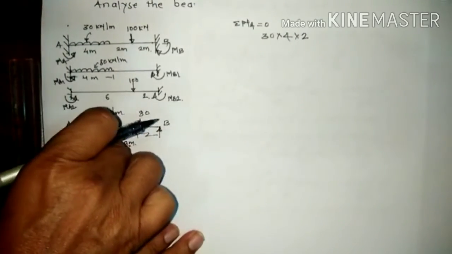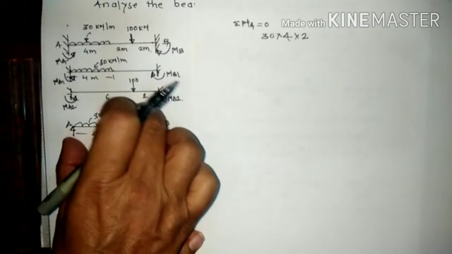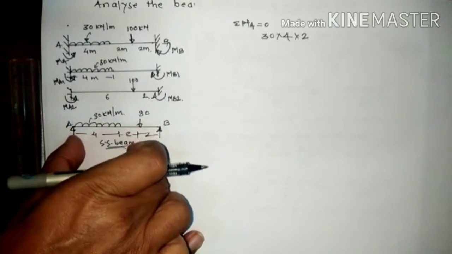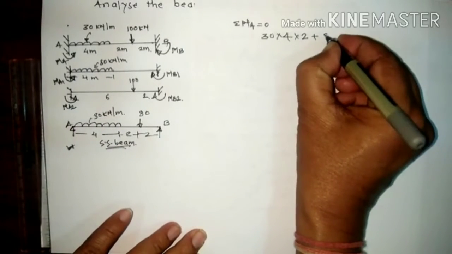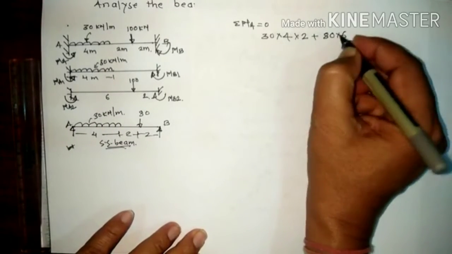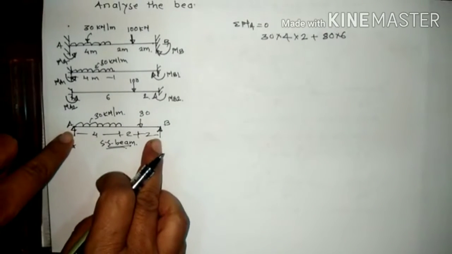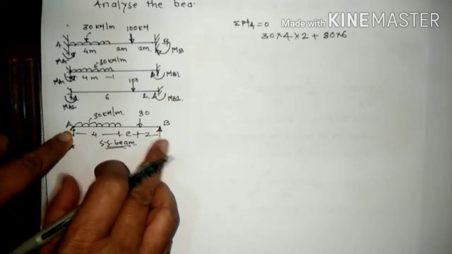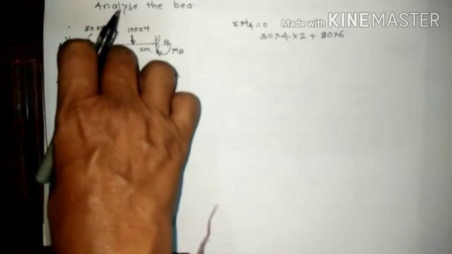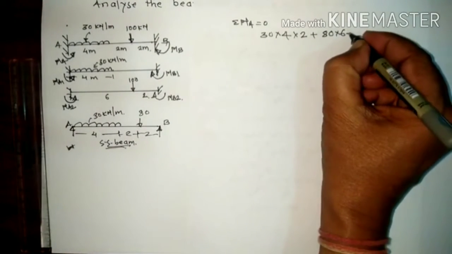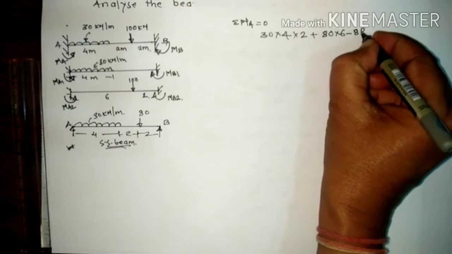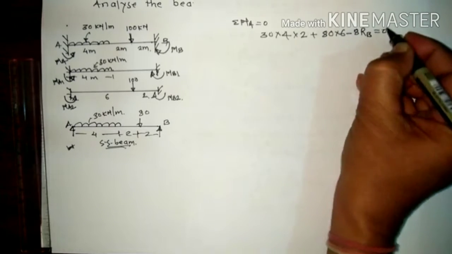This moment is clockwise, that is why plus. Now here 80 into the distance is 6, so again this is clockwise, so plus 80 into 6. Now we are assuming the direction of RB is vertical, so that is anti-clockwise, so that is minus 8 RB, and that is equal to 0.